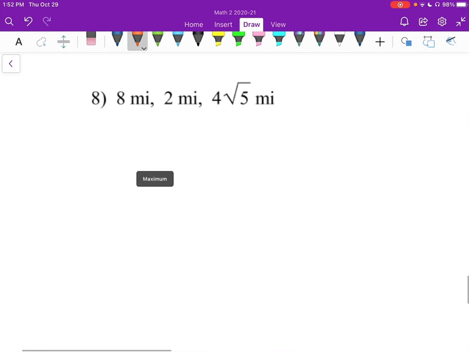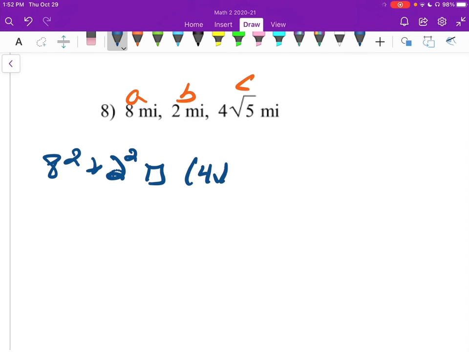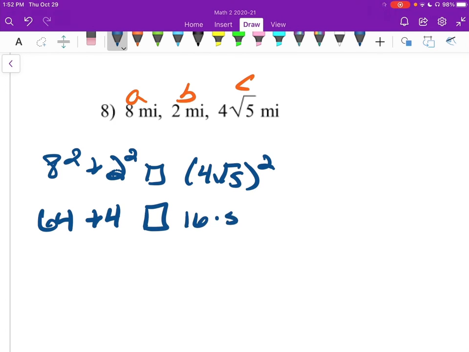Let's look at number 8. A, B, and C. So we're going to have, well, 8 squared plus 2, oops, uh-oh, my pen's going out, box 4 root 5 squared. This is going to be 64 plus 4 box. That's going to be 16 times 5, right?